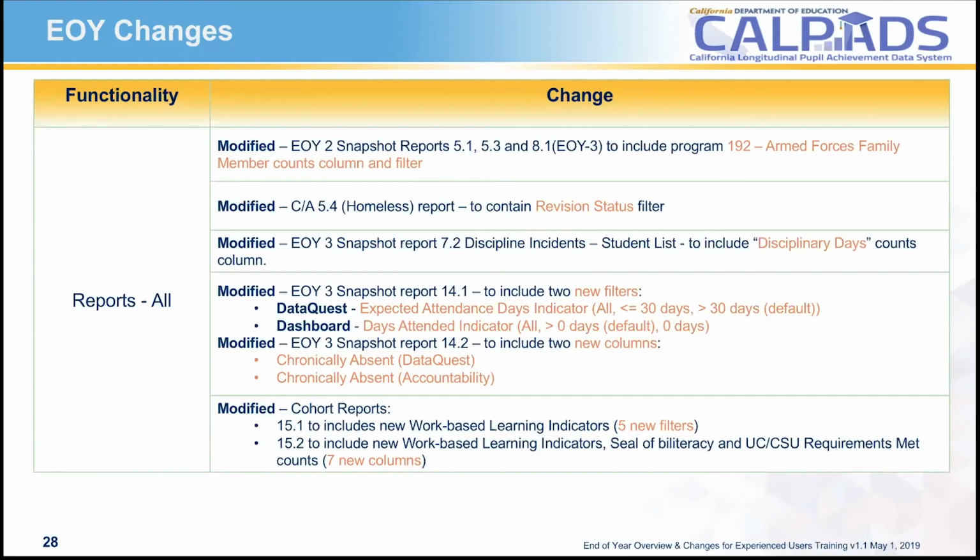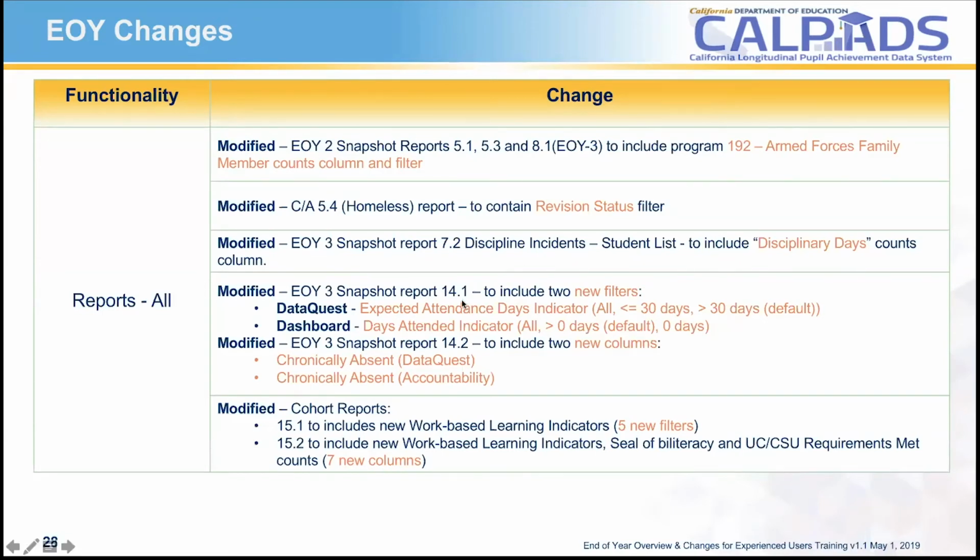So for report 7.2, discipline incidents, student list, it will have a new column for disciplinary days counts. And report 14.1 and 14.2, so new filters and columns have been added for these 2 reports to better align these reports with DataQuest and California dashboard definitions of chronically absent.